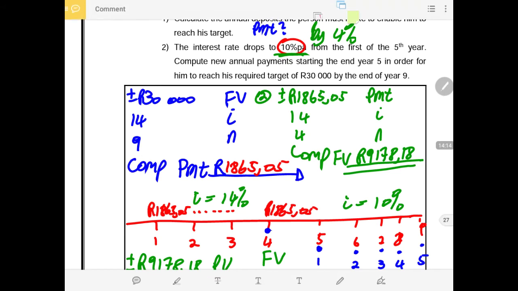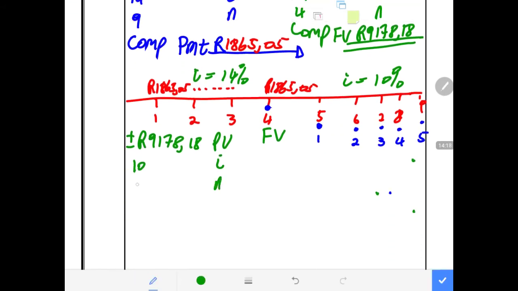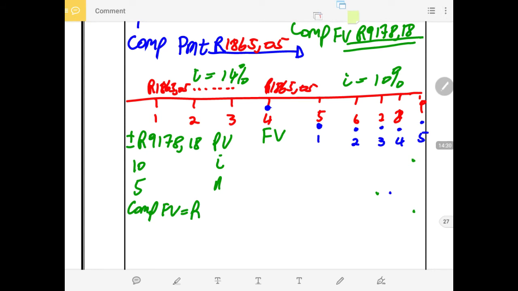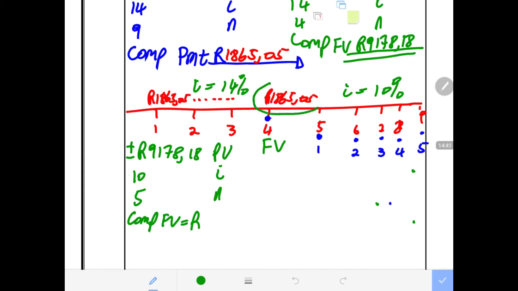Now we have counted that one. Then our N will be 5 because it will be year 5, 6, 7, 8, 9, which is 5 years. Then we compute the future value. Guys, again, whenever there is an annuity, meaning a series of equal payments, and those payments stop, you calculate the future value on the date or time there was a stoppage in the payments.